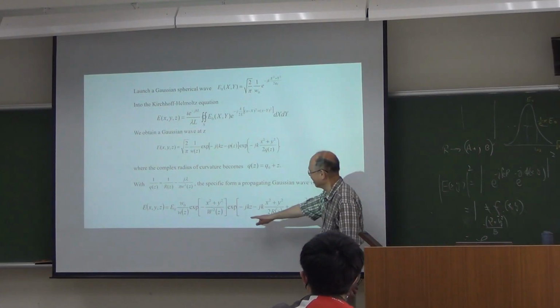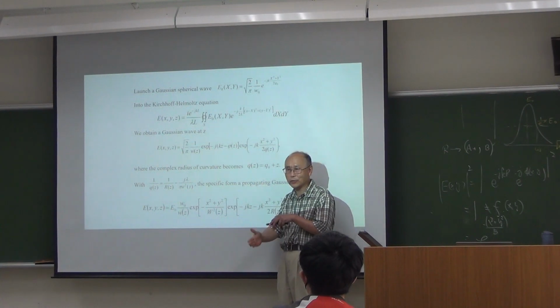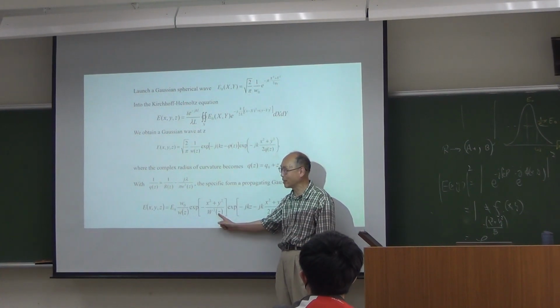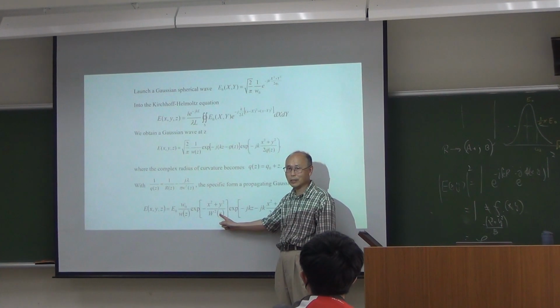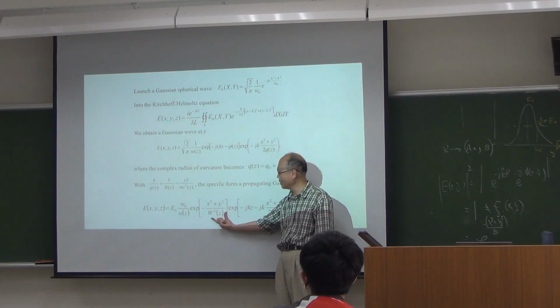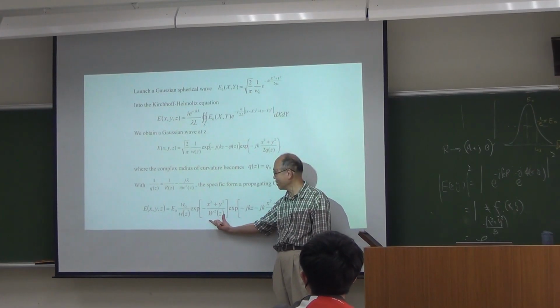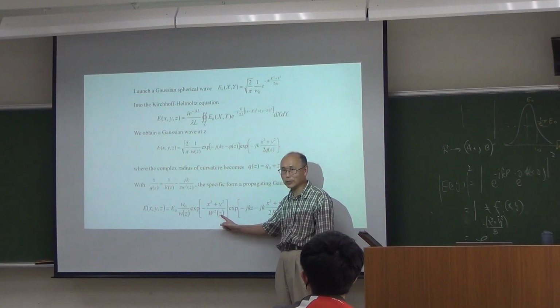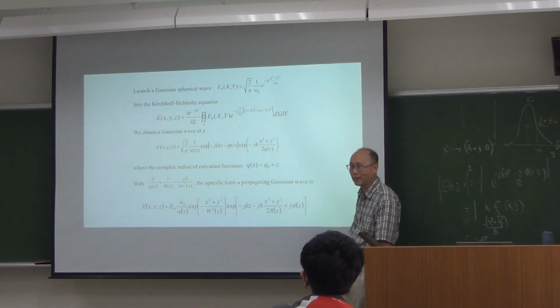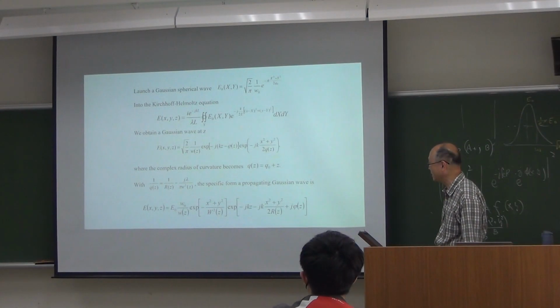And this part is responsible for the finite transverse cross-sectional area. And it's a Gaussian function, given a beam radius of this W, but it's a function of z because the field starts to propagate over z distance.